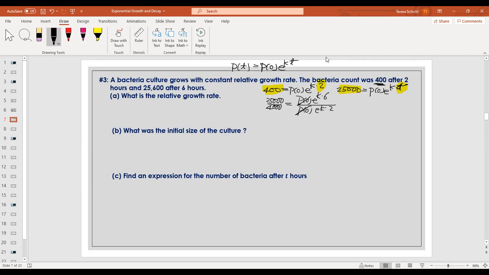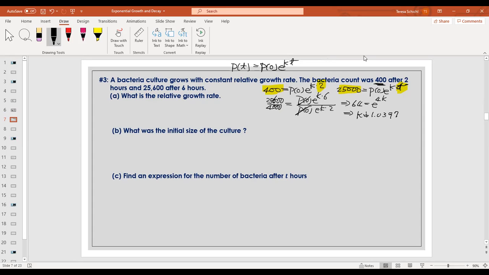Then P0 cancels. So 25,600 divided by 400 here, I will get 64 is equal to e to the 4k. All right, so now you take the natural log of both sides and solve for k. So k is about 1.0397.